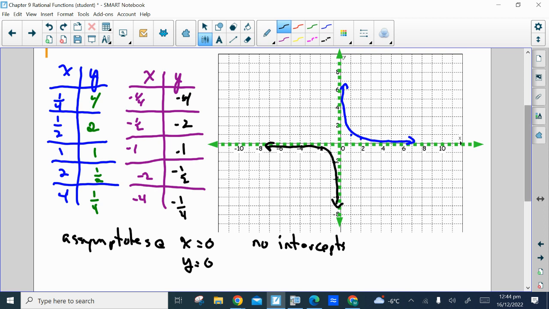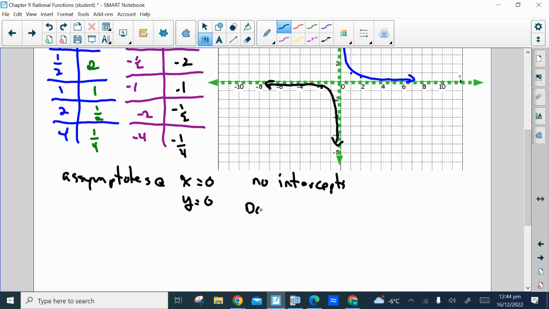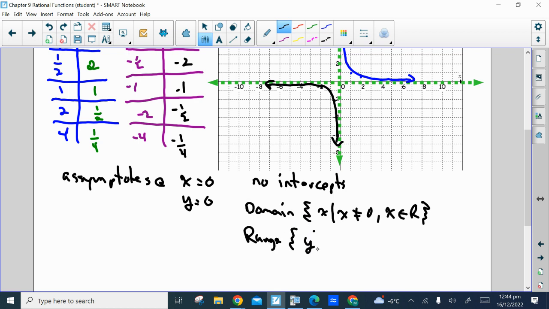And also, if we were asked to state the domain and range, the domain would be all values of x such that x cannot equal 0, but any other real number is part of the domain. The only difference with the range is that we're talking about the variable y. Y can't equal 0, but y is an element of real numbers.